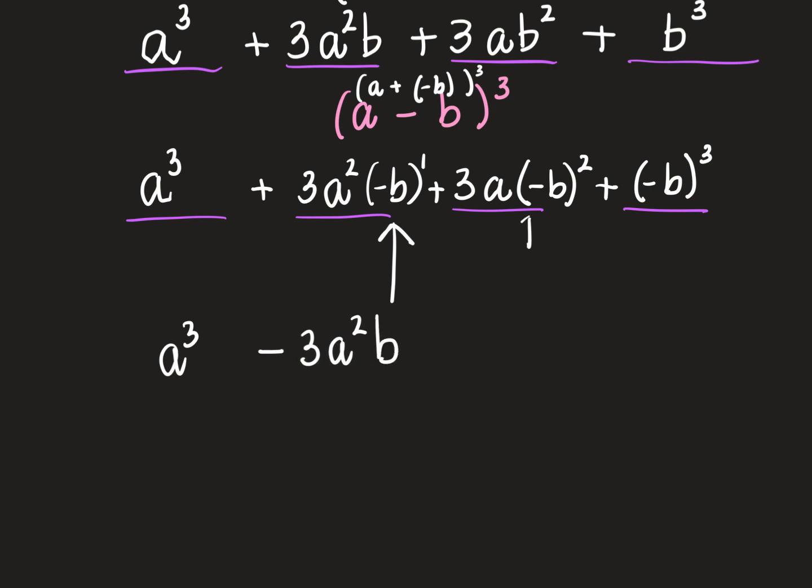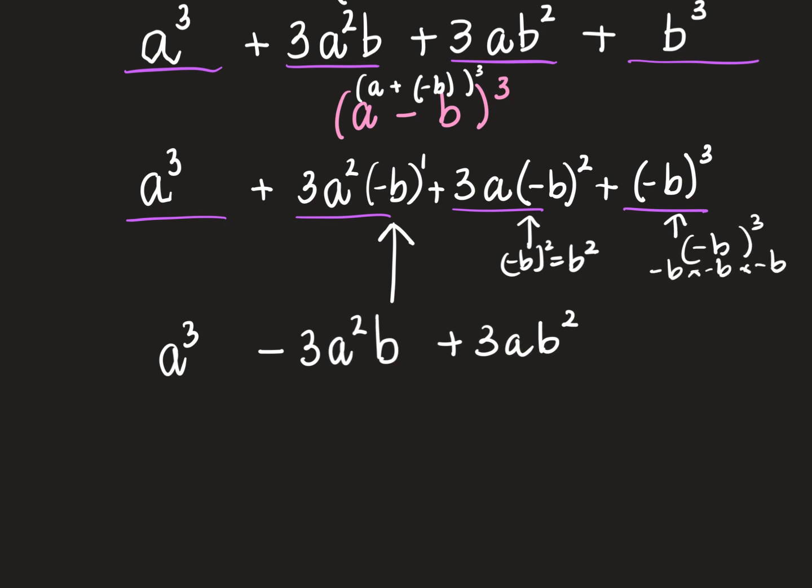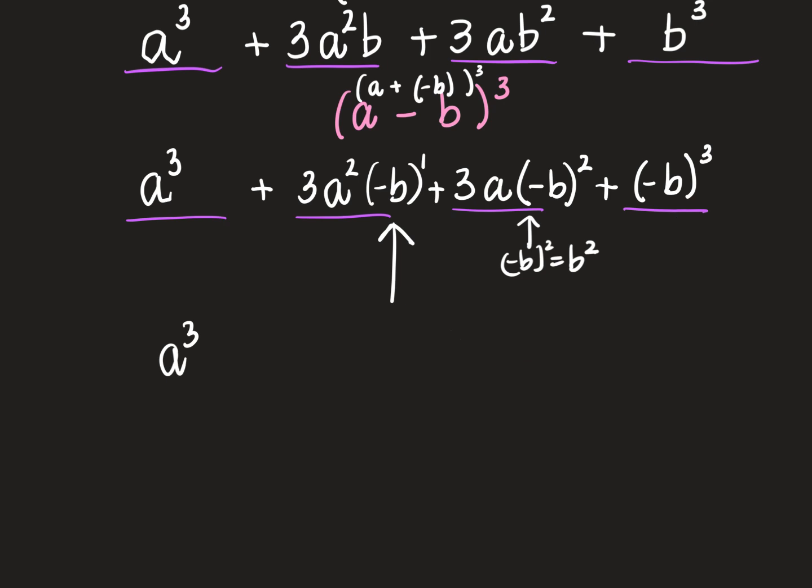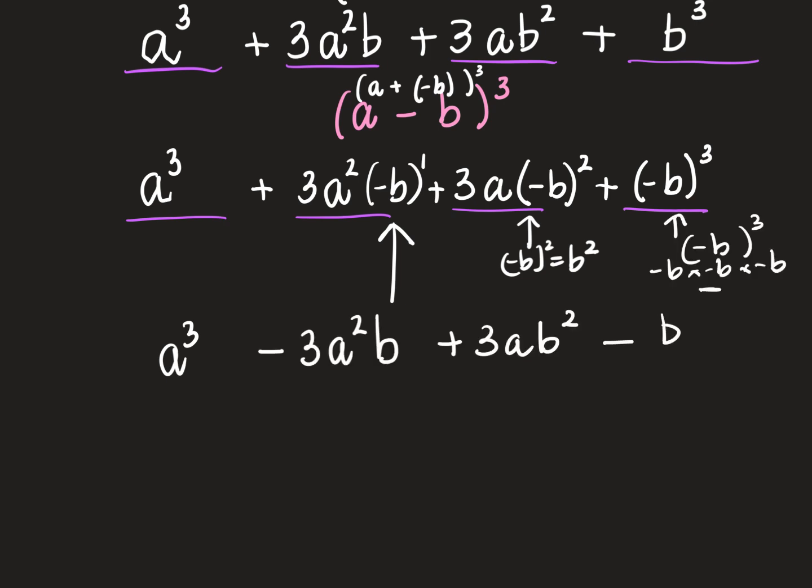Now this next one here, negative b all squared, is just the same as b squared. That's positive. So this one's going to be positive. And what about this one here? Well, negative b to the power of 3 equals negative b times negative b times negative b, which is negative. So that one is going to come out as the negative of b cubed, like that.